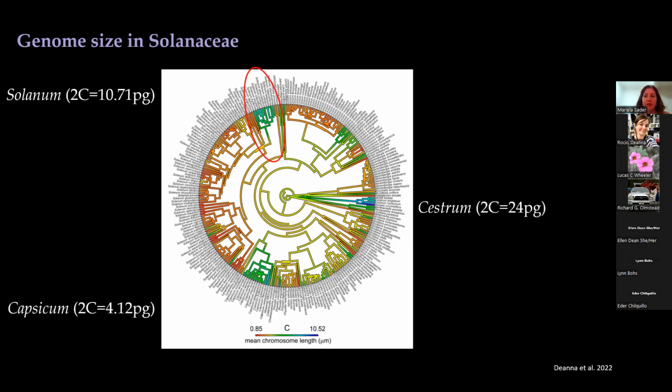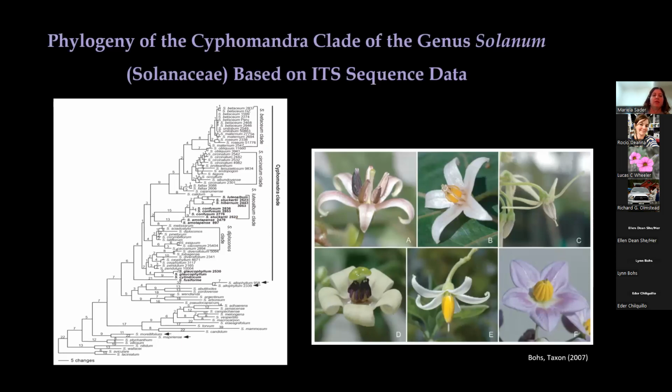But within the Solanum species, there is a clade or a group of species that has giant genomes. They are known as the Siphomandra clade and are wild relatives of the tomatoes. In detail, we can see that this Siphomandra phylogeny is made of different subclades.